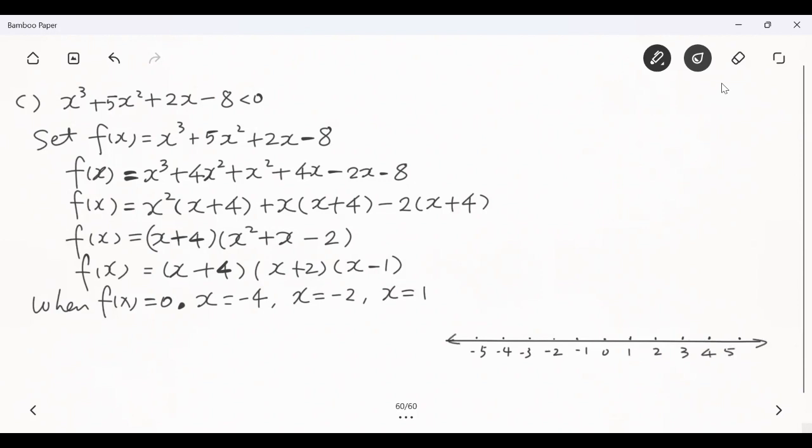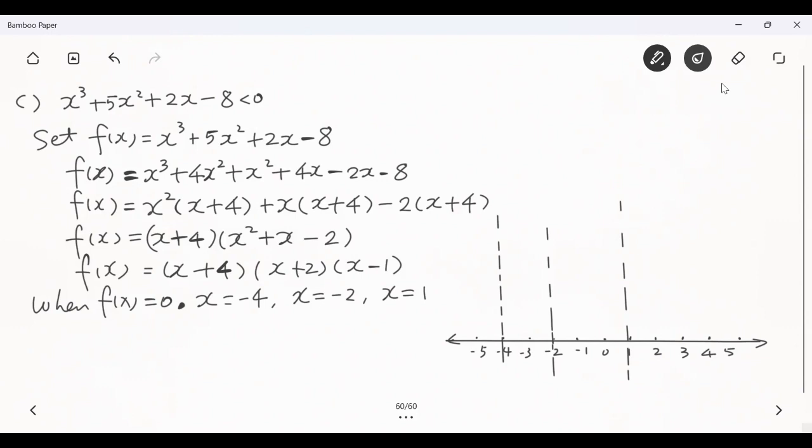The left side, negative 4, and negative 2, and positive 1. Okay, then separate into 1, 2, 3, 4 intervals.